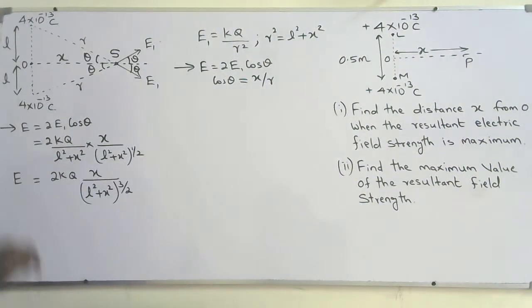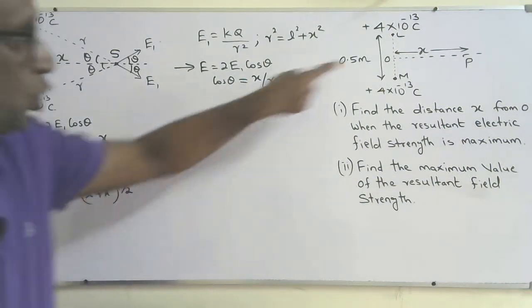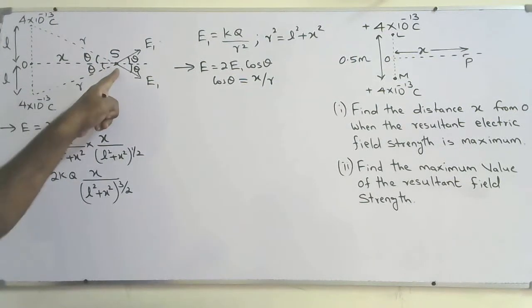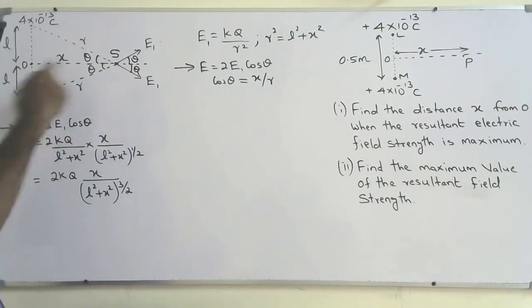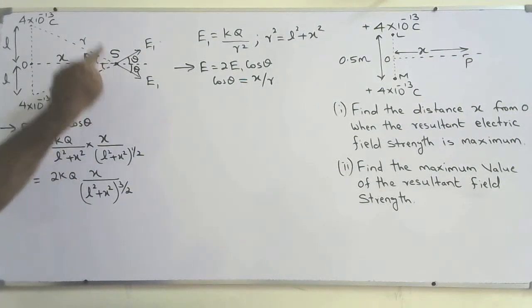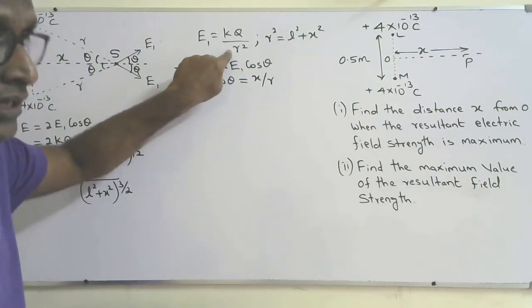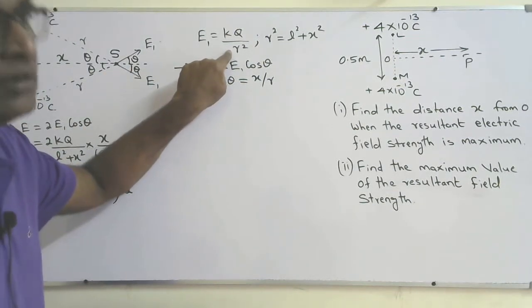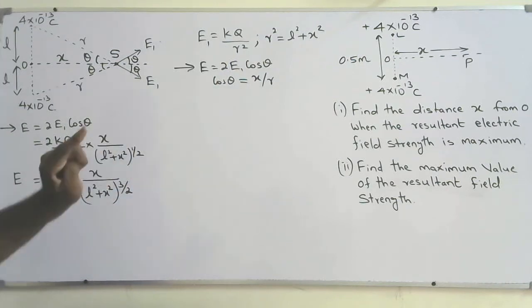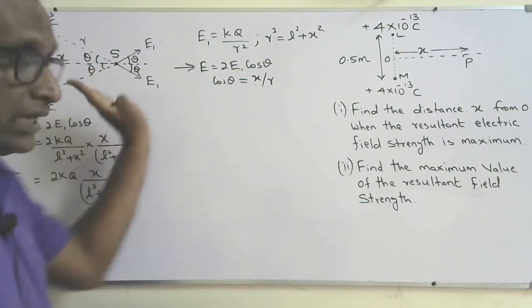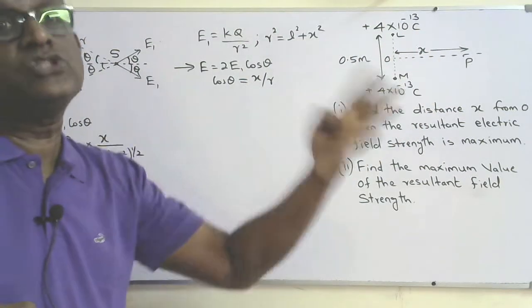That shows that when x equals 0 at O, the resultant electric field strength is equal to 0. When x increases, the distance increases and R increases, and E is inversely proportional to the square of R, so the electric field strength decreases again. The field strength is 0 at O and 0 again at far distance, so there should be a maximum.